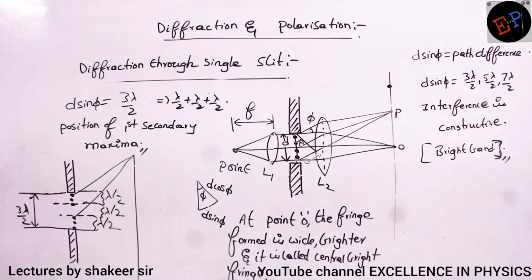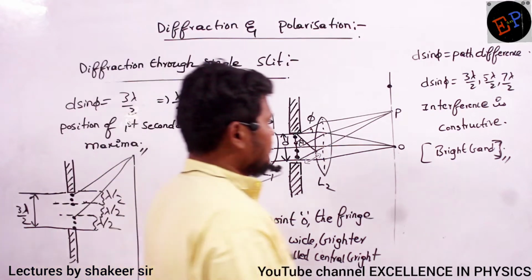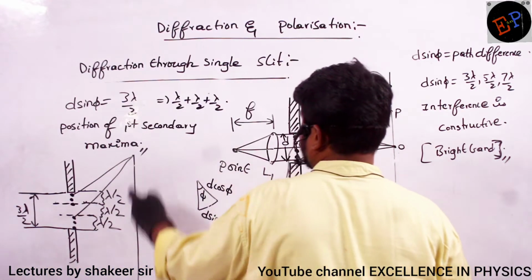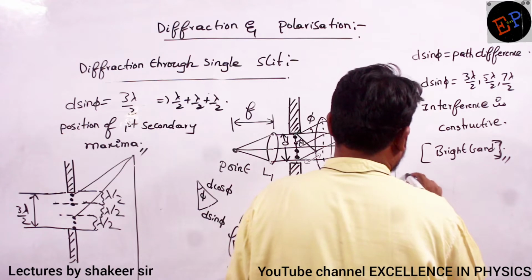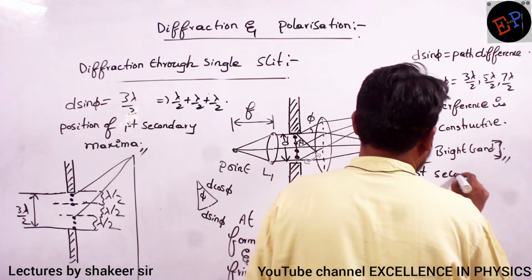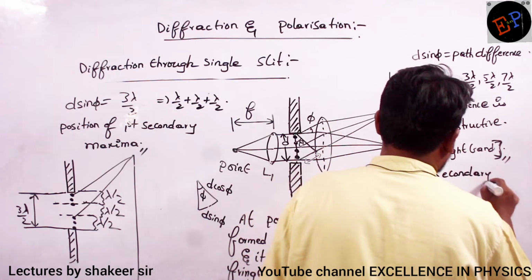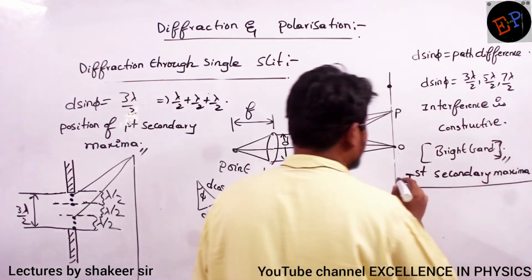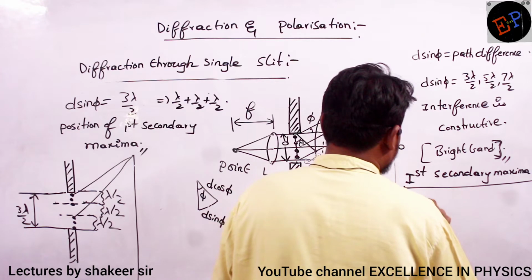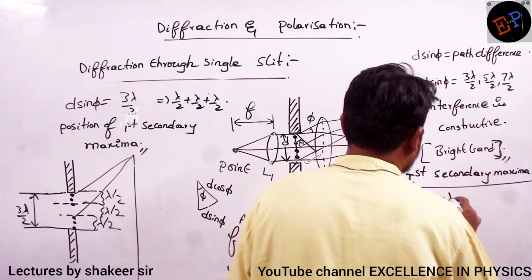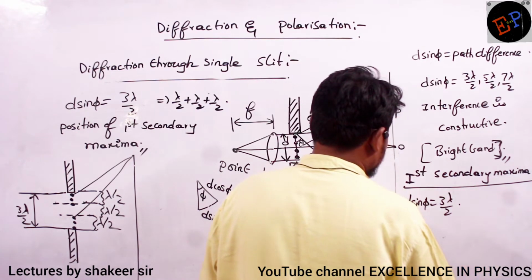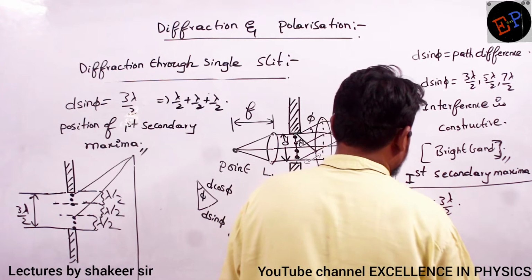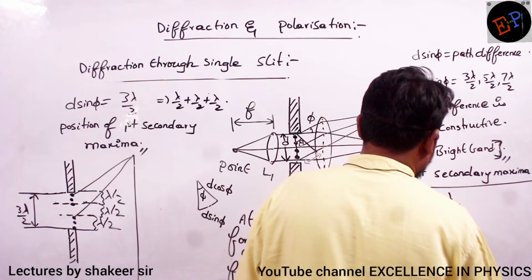That is the point. So therefore, what I write: first secondary maxima, where I will get d sin phi is equal to 3 lambda by 2. So therefore, sin phi is equal to 3 lambda by 2d.